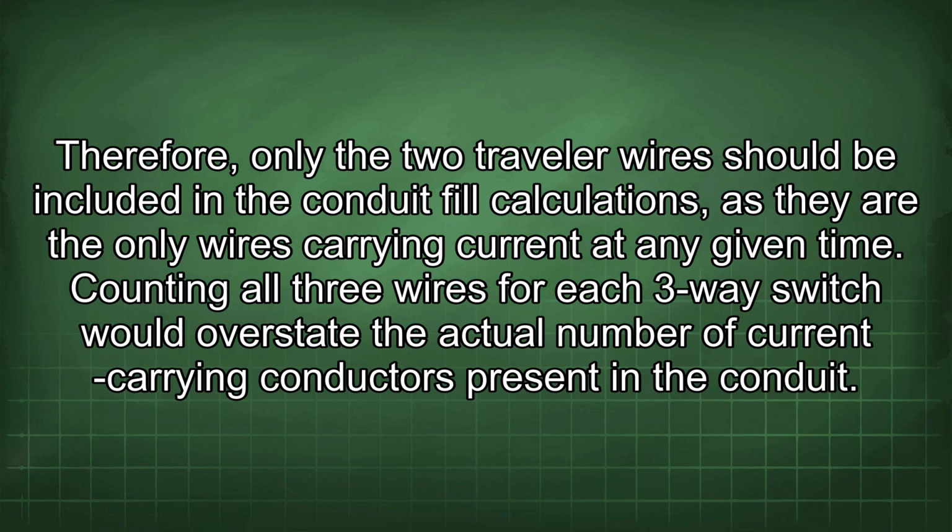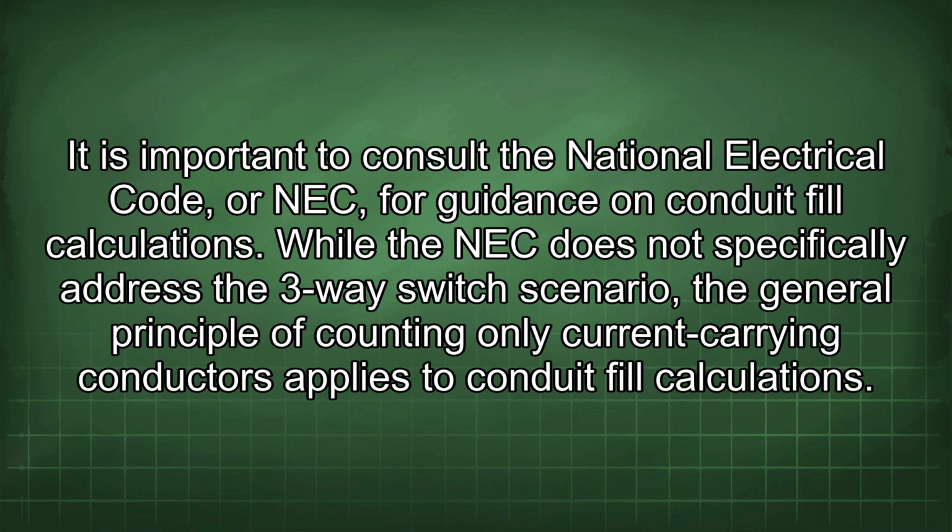Counting all 3 wires for each three-way switch would overstate the actual number of current-carrying conductors present in the conduit. It is important to consult the National Electrical Code, or NEC, for guidance on conduit fill calculations. While the NEC does not specifically address the three-way switch scenario, the general principle of counting only current-carrying conductors applies to conduit fill calculations.